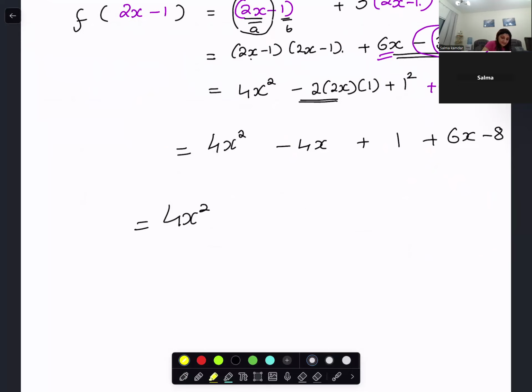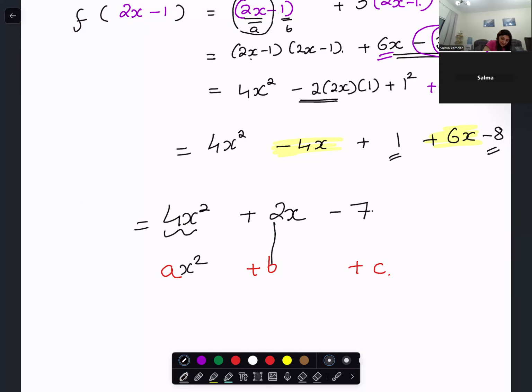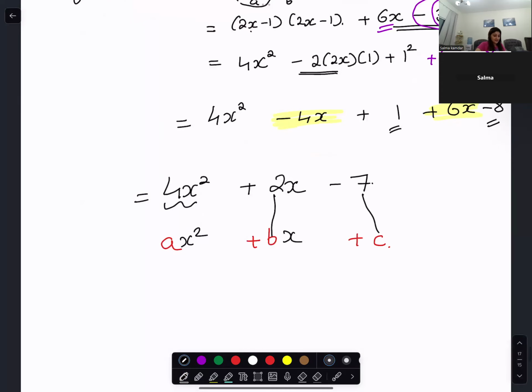Here the like terms are minus 4x and plus 6x, which would give me plus 2x. Minus 8 plus 1 would give me minus 7. And I have expressed this in the form of ax square plus bx plus c. So this is your final answer.